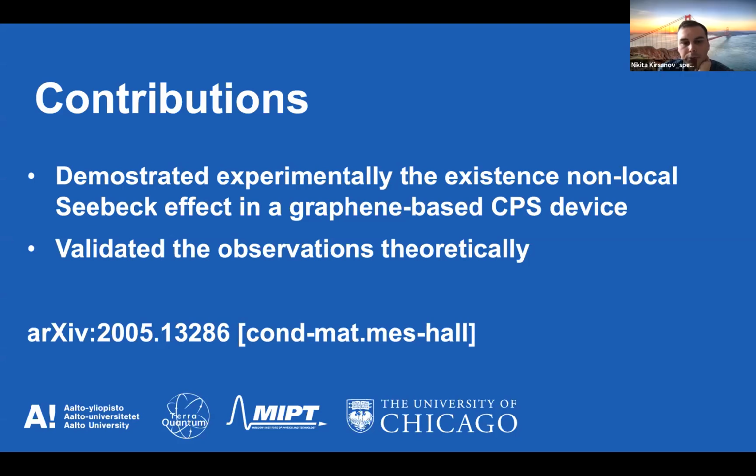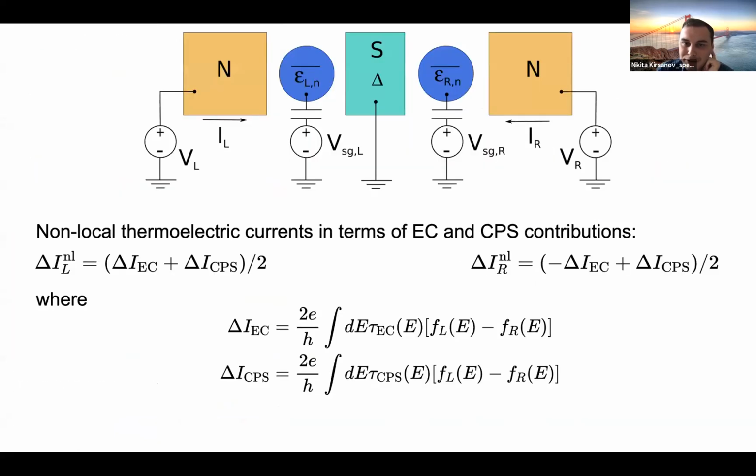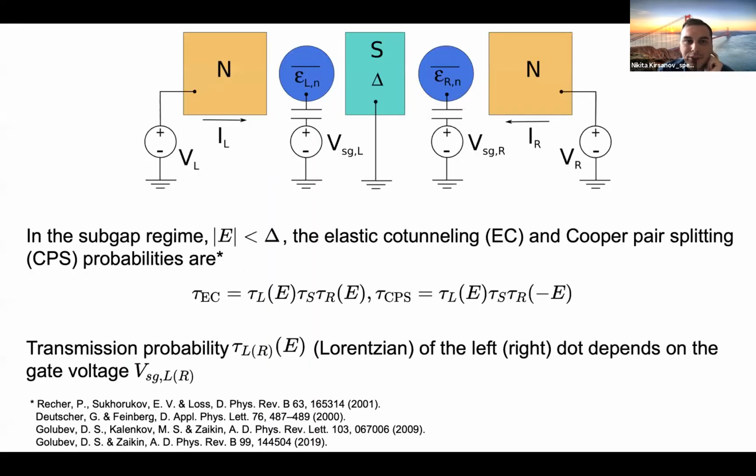I don't think that we've considered this possibility. If I understand the question correctly, we only consider that there is a transmission due to the Cooper pair splitting effect and due to the elastic cotunneling effect. Elastic cotunneling is when we have an electron on the left, which can be recombined with one of the electrons in the existing Cooper pair in a superconductor, and then the replaced electron goes to the right lead.